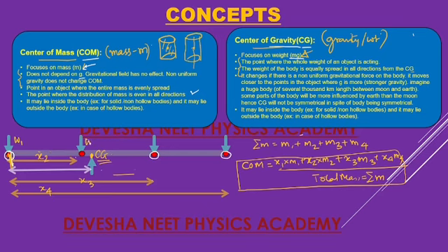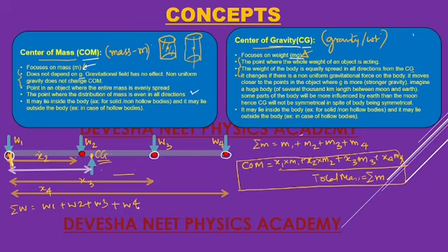So I'll talk of weight 1, weight 2, weight 3, weight 4. These are the weights of these 4 points which I have highlighted in red color here. So how do you calculate the CG here? First, we need to find the total weight, which is equal to W1 plus W2 plus W3 plus W4.